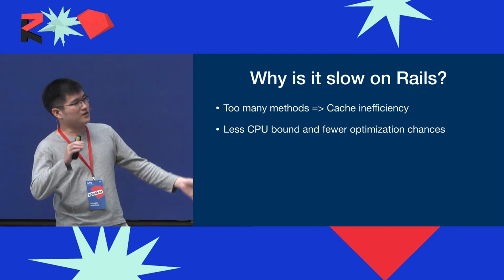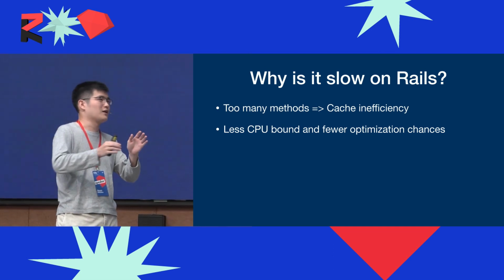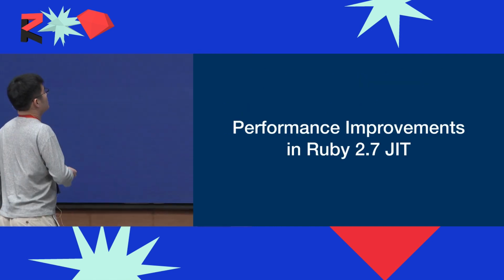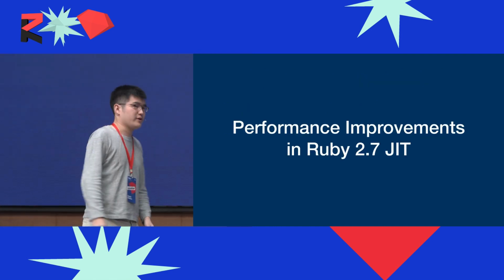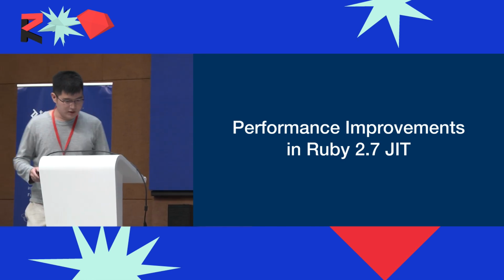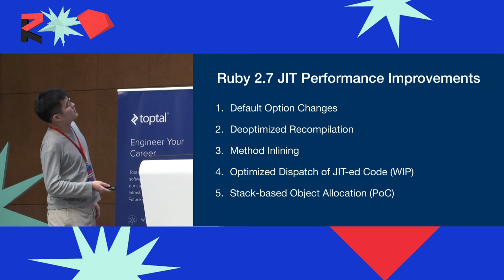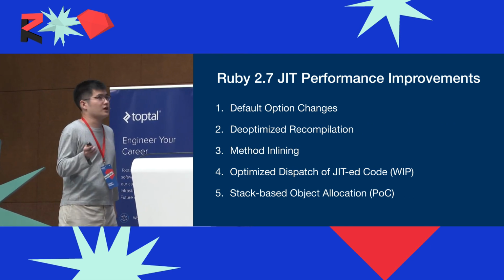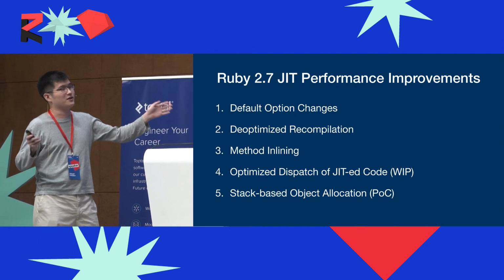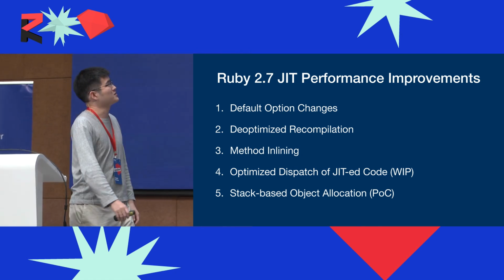The current situation is that we haven't worked on all of the possible optimizations yet. So I'll explain what I've tried or done in the Ruby 2.7 development. I want to explain five things here. Actually, I'm doing a lot more things, but these are the ones I'm going to explain today.